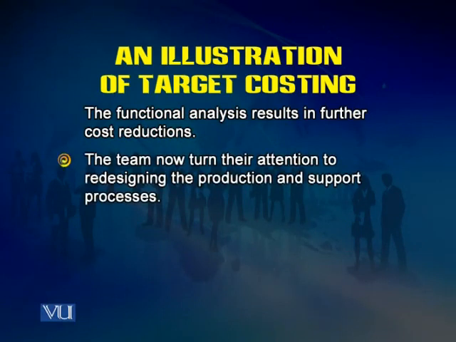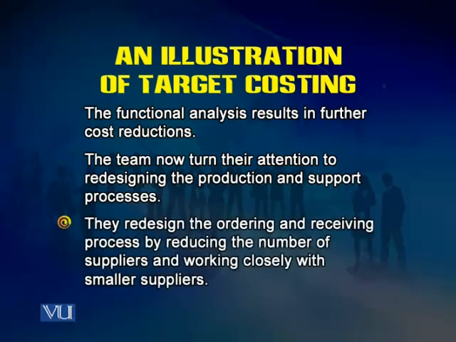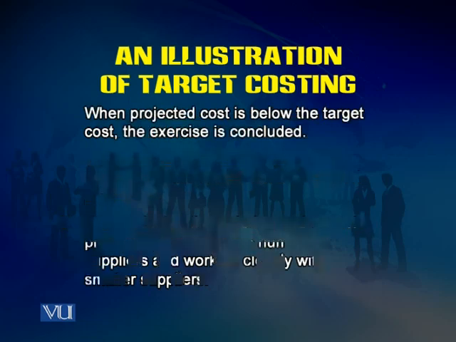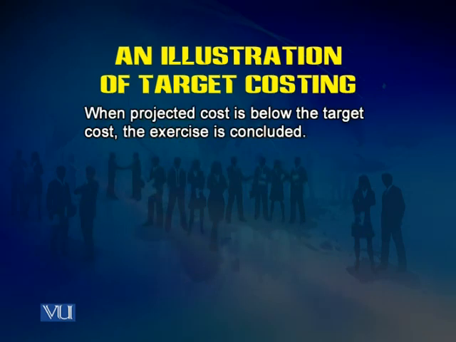The team now turns their attention to redesigning the production and support processes. They redesign the ordering and receiving process by reducing the number of suppliers and working closely with the smaller suppliers. And that's how they were able to reduce the cost of receiving and ordering. When the projected cost is below the target cost, the exercise is concluded.